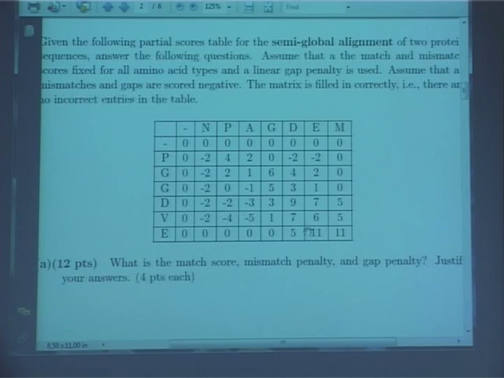So you just need to show in your justification how you found this -3, which cell helped you in finding these numbers. You don't need to provide very long justifications. Just say that at this cell we can see 6 here. I know that gap penalty is -2, for example, so I cannot come from these cells. So it has to be from this, and which gives us the mismatch score of -3.